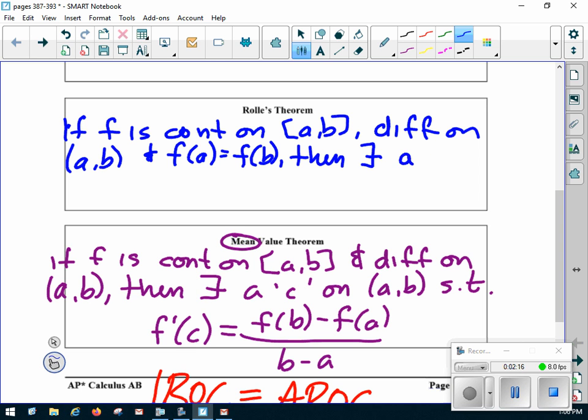Then there exists a c on the open interval a to b such that f prime of c equals 0.